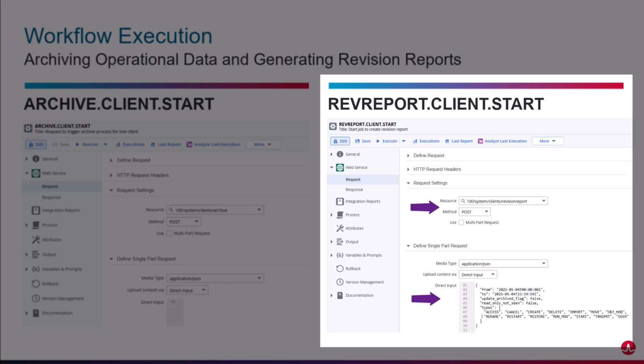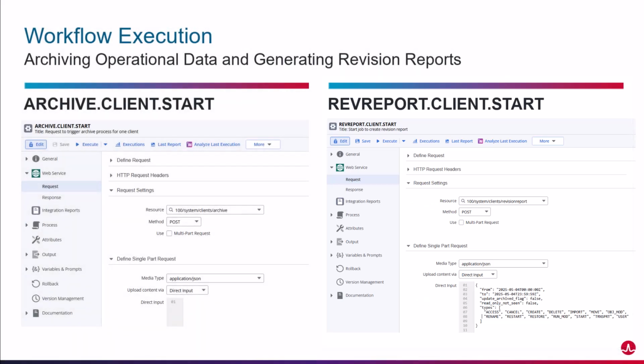A key part of this payload is the types array, including items like access, cancel, create, delete, restore, and so on. Both system responses are captured as Archive Run ID and REVREP Run ID respectively, and are passed to the workflow so downstream jobs know which executions to reference.